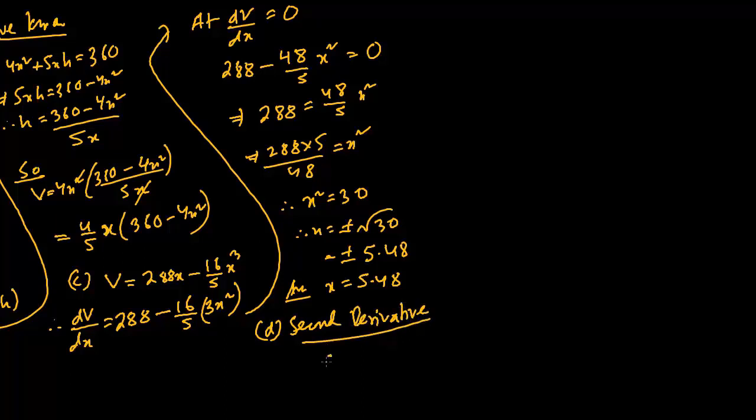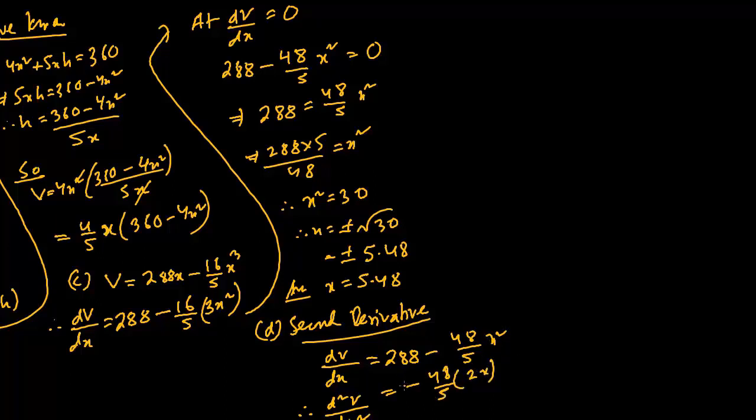So we know that dV by dx equals 288 minus 48 by 5 x squared. So the second derivative is going to be d2V by dx squared equals, if you differentiate 288 it becomes 0. So minus 48 by 5 and the derivative of x squared is twice x. Obviously this is going to be negative.